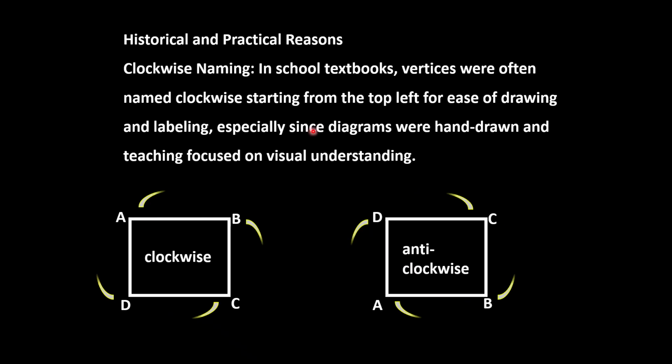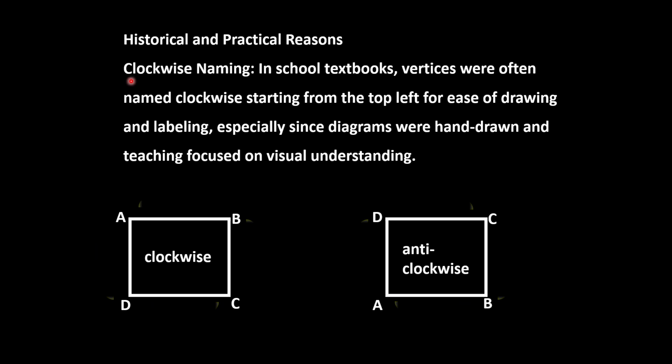So when diagrams are hand drawn, for visual understanding, for ease of labeling, it's much more comfortable for the student to start at the top left, because that's what they do when they write English.